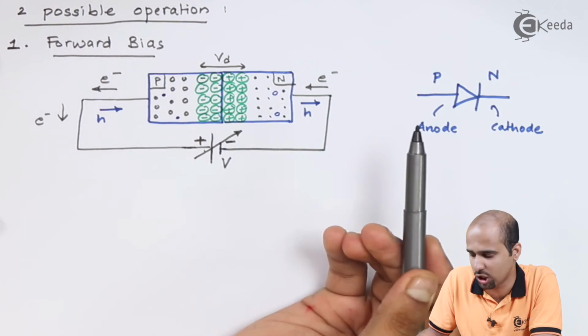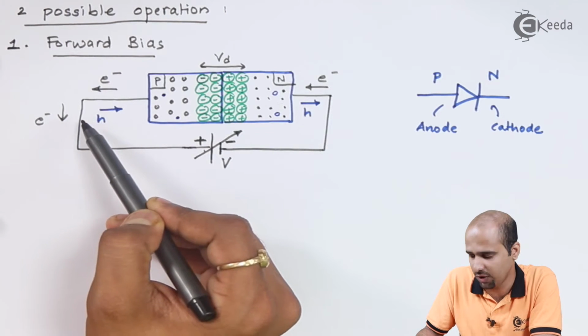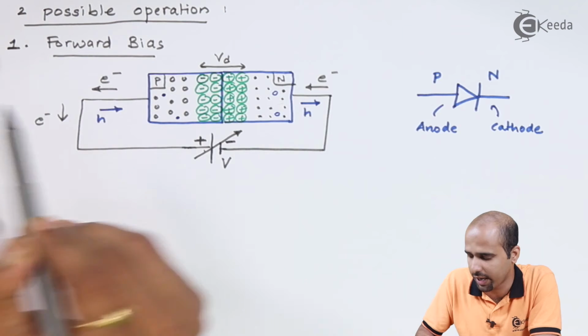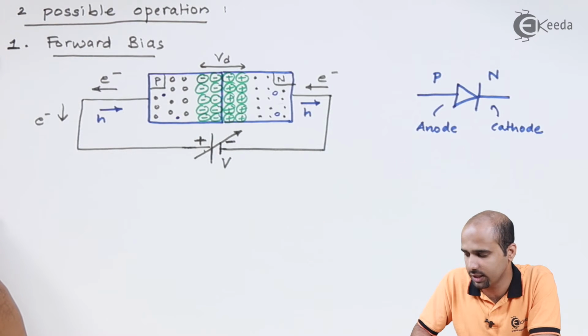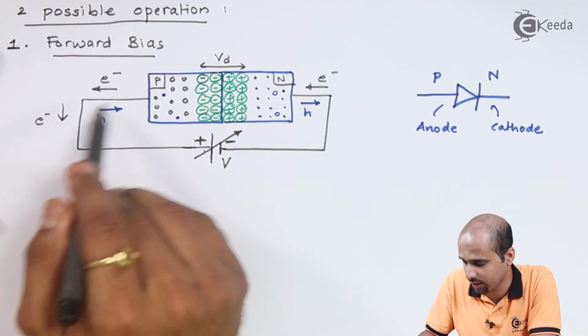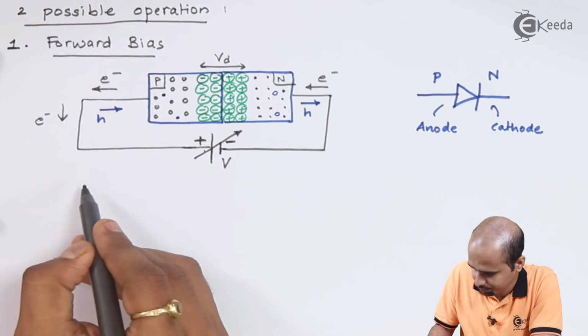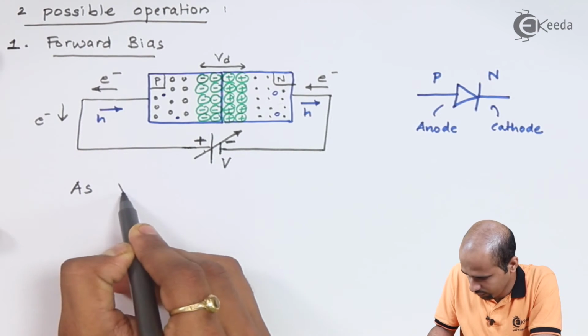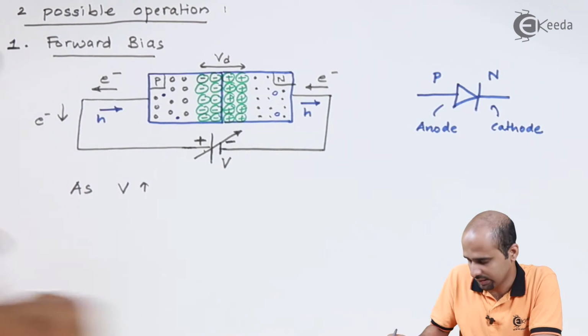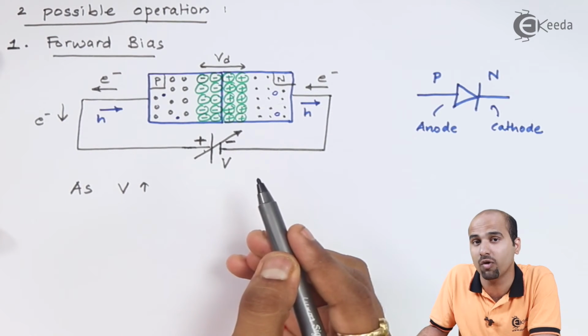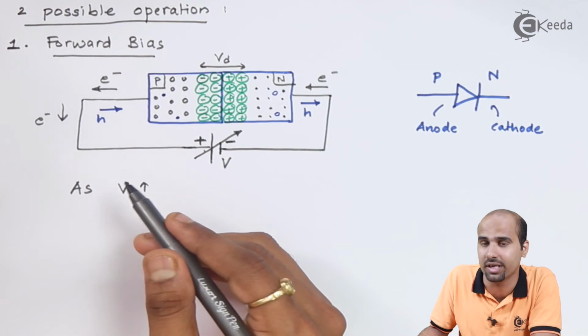More electrons will cross the barrier. If more electrons cross the barrier, then the current formed in this circuit will increase. So as V increases, the number of electrons passing through the junction increases.